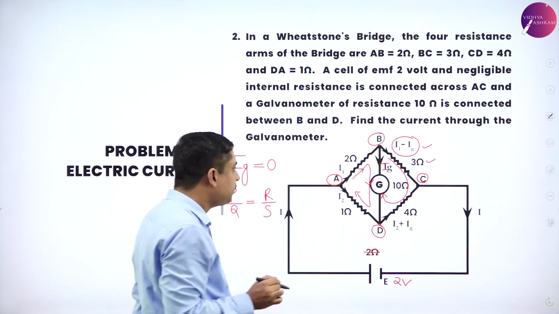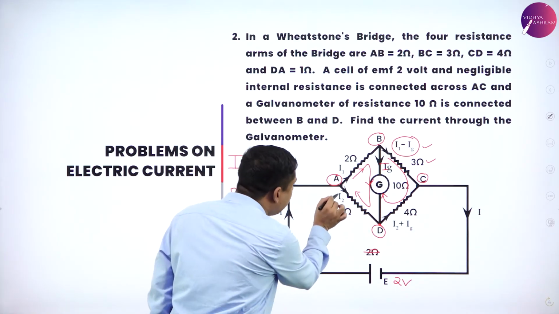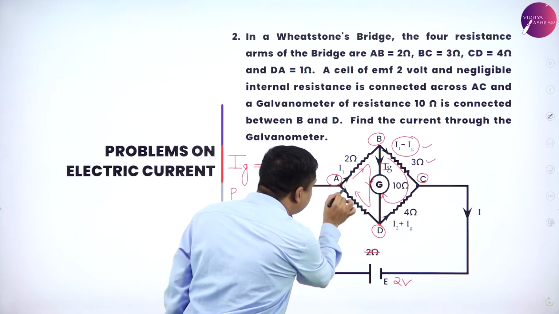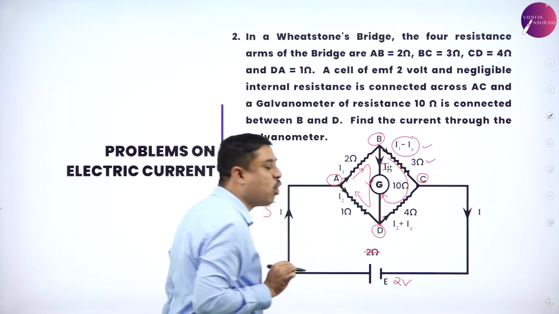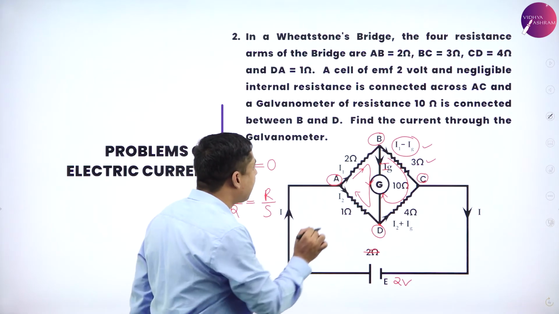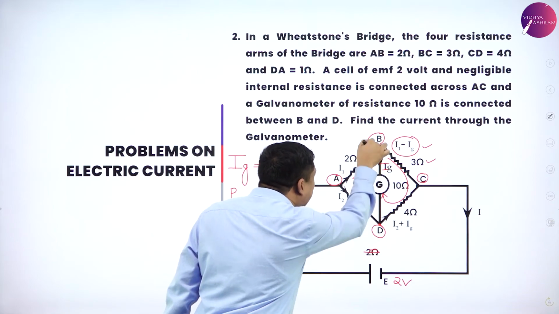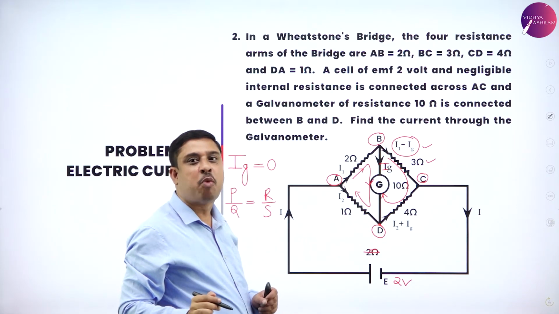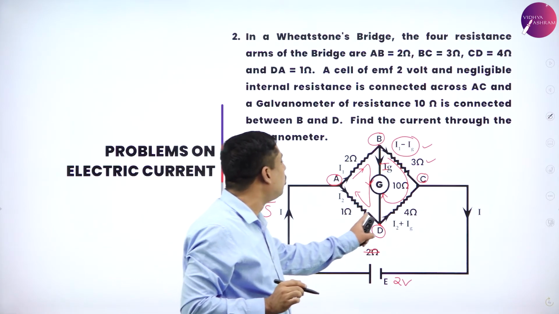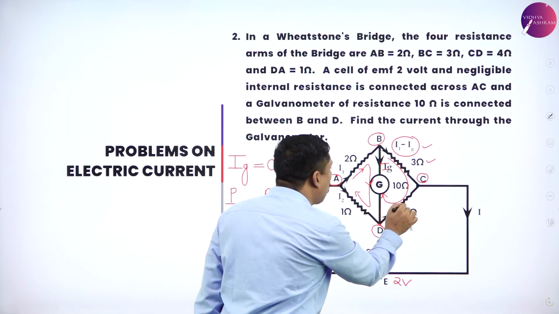Again, how do I get I2 plus Ig? I2 is the current entering the node. So, I2 is positive. Again, Ig is the current coming towards D, entering D. Therefore, it's positive. So, I2 plus Ig, 4 ohms.